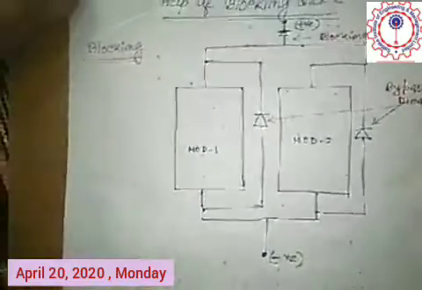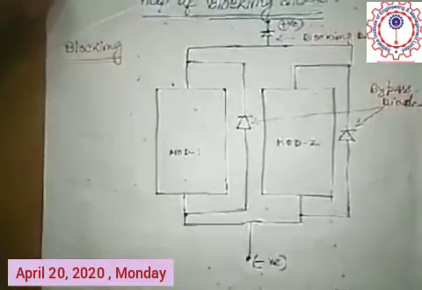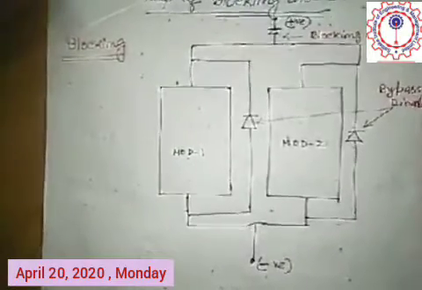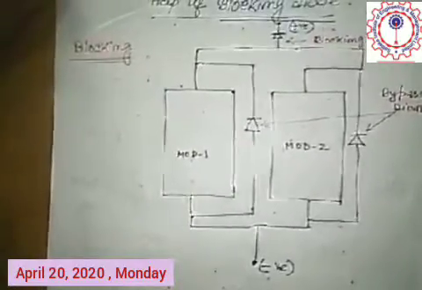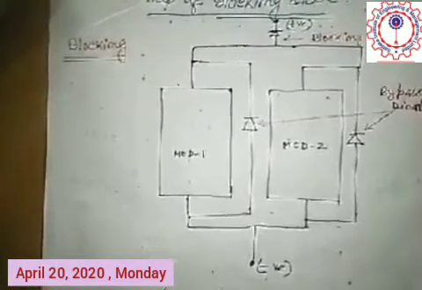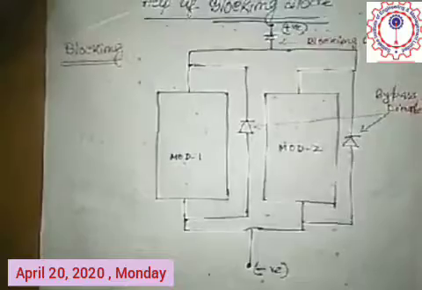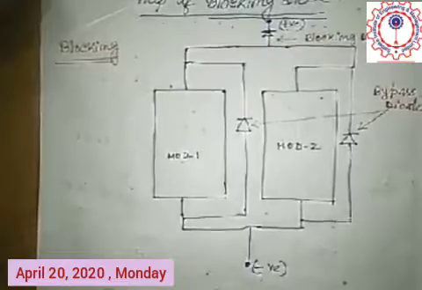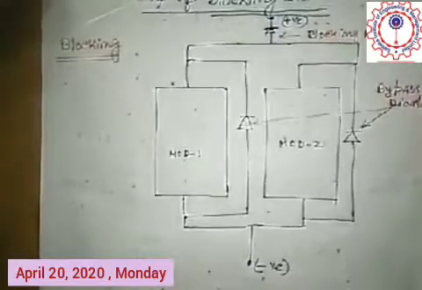Everybody knows that at daytime when sunshine is available, the sun's photon particles fall on the solar PV system, and solar PV is a PN junction, a photodiode-like thing which can convert solar energy to DC electricity. At daytime this DC electricity we can store within a storage system which is called a battery.